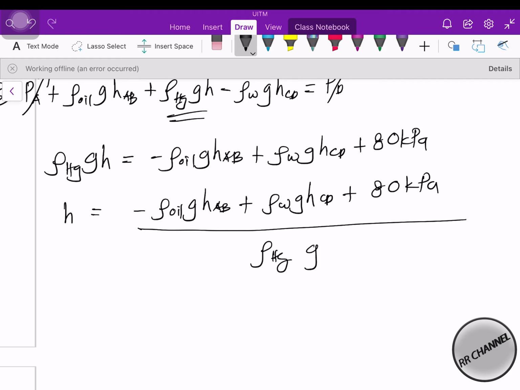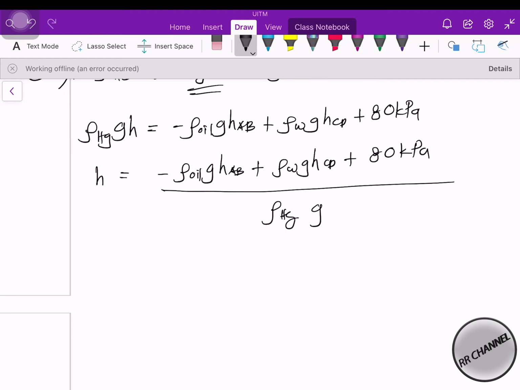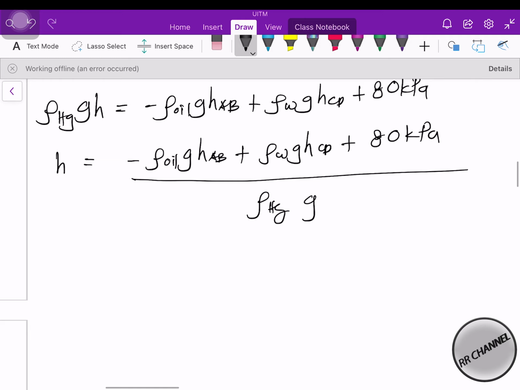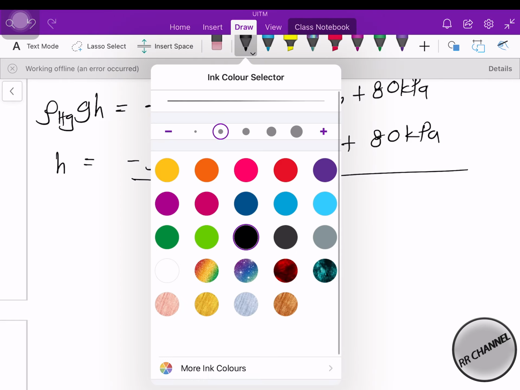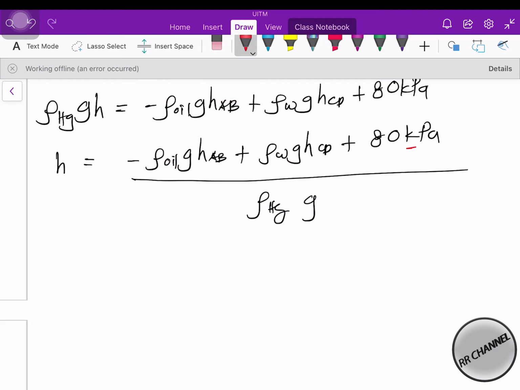Okay, so this is quite a lengthy equation, but the main thing you need to remember here is the unit. Make sure your unit is consistent. This is kPa. Our three terms, rho of the oil, rho of the water, and rho of the mercury, all use the unit of Pascal only, because we did not divide by 1000.